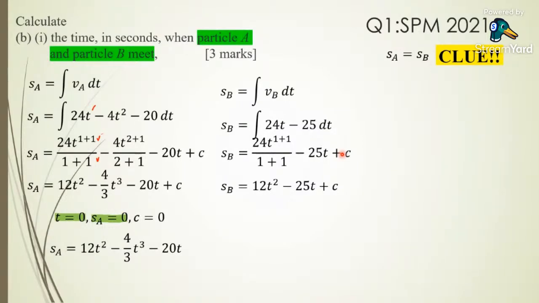The first part here on the left is to find the displacement of A. So kalau kita nak tahu displacement from velocity, kita kena integrate. So after you integrate the function of velocity, awak dapat C because when you integrate is indefinite integral ataupun kalau bahasa Melayu kamiran tak tentu.